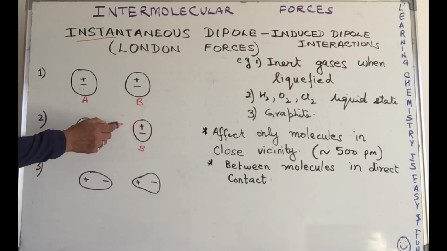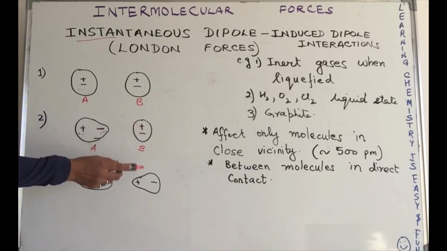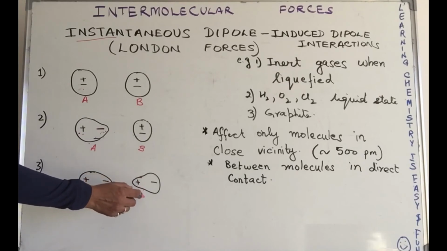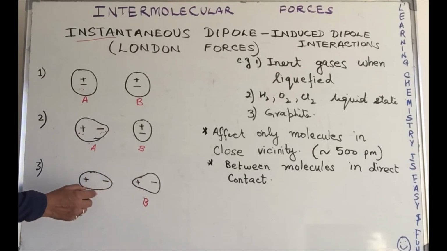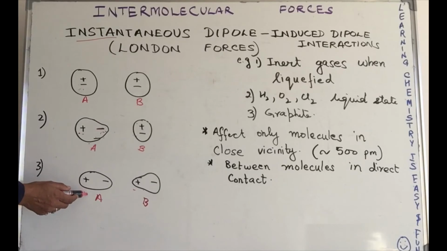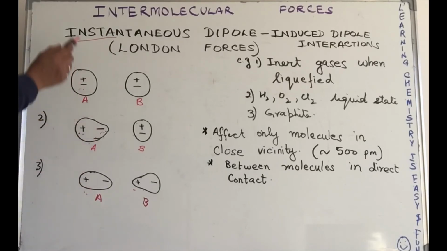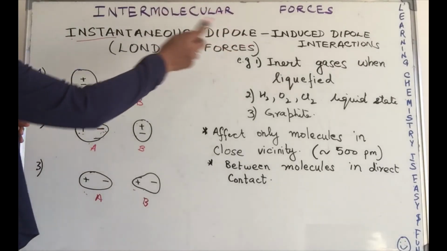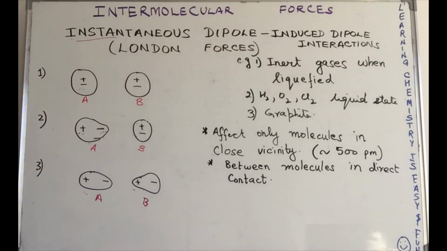When it attracts the nucleus, atom B also develops a dipole just because of the instantaneous dipole of the first atom or molecule. Hence the name instantaneous dipole, induced dipole interaction.